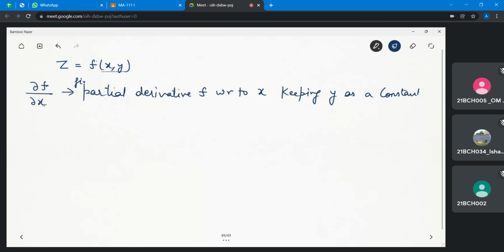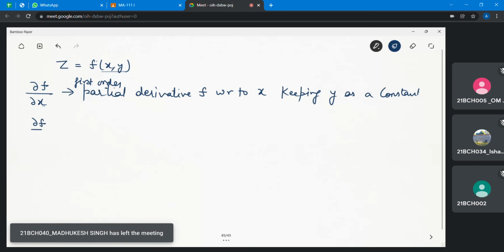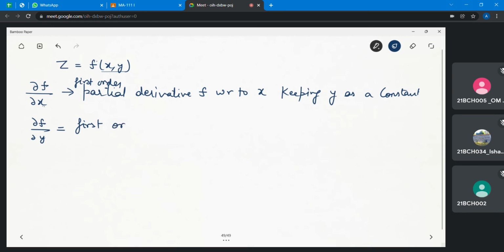So this is called the first order. Similarly, del f over del y, so this is called first order partial derivative of f with respect to y, keeping x as a constant.